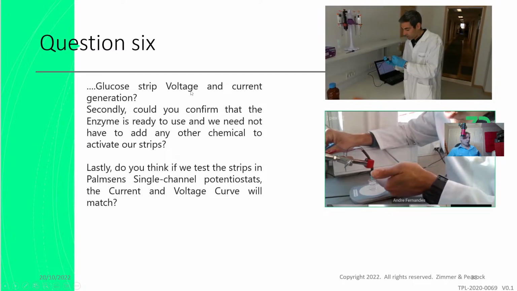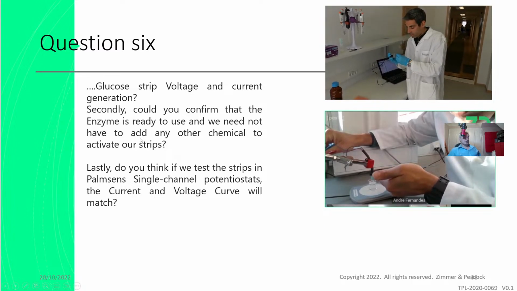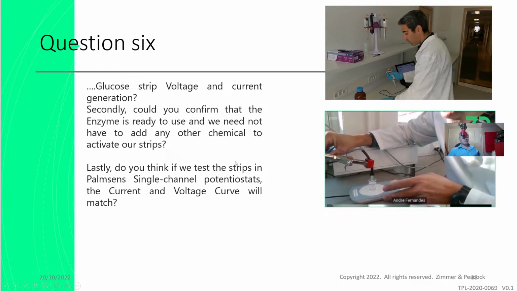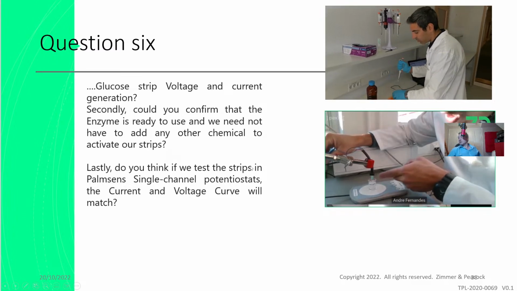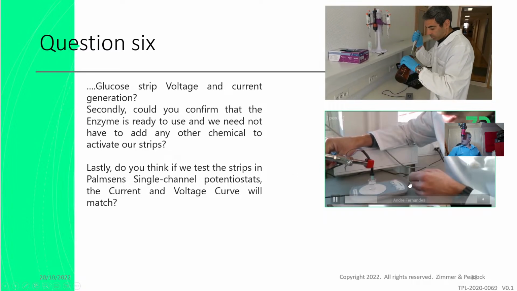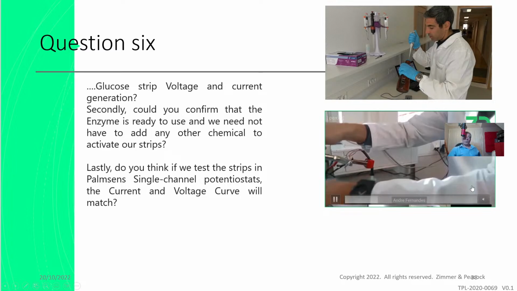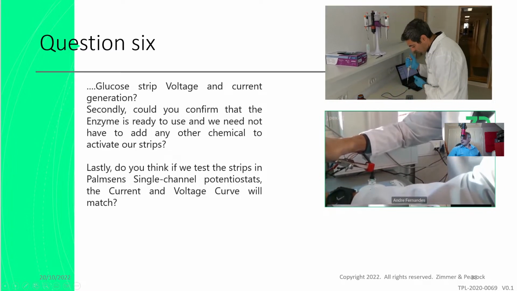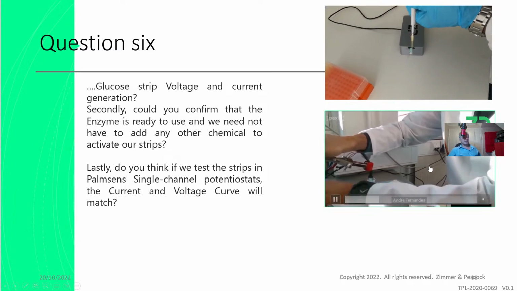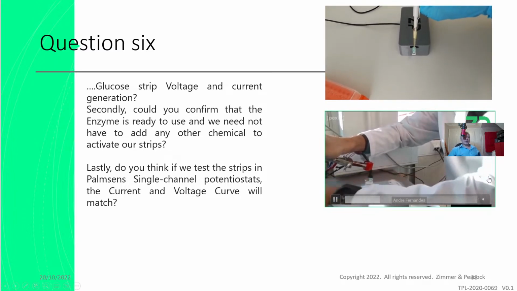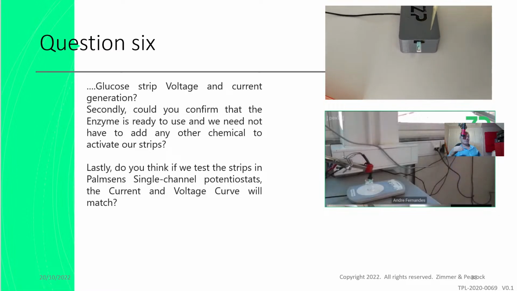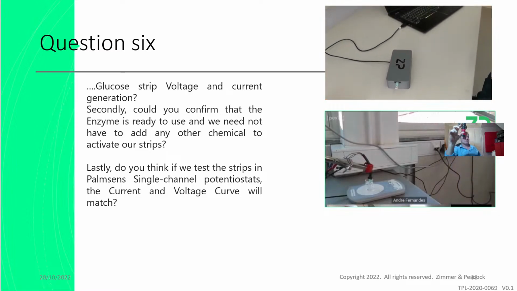So what voltage and current generation? Can you confirm that the enzyme is ready to use? The enzymes are on our glucose sensors. So I'm getting a question here, which is why does the signal not stay the same for the same test solutions? I would say, please give me more of a presentation rather than an email with some data attached.